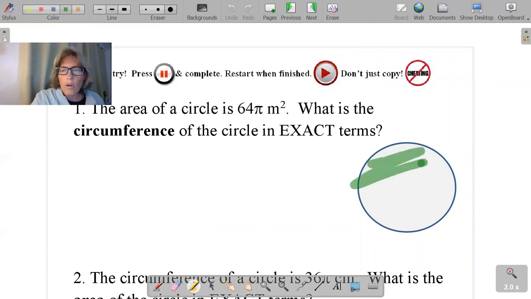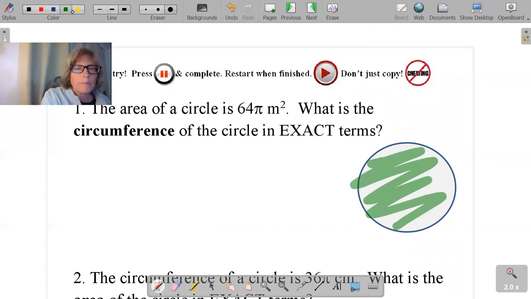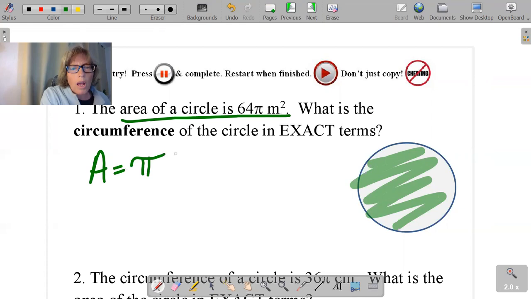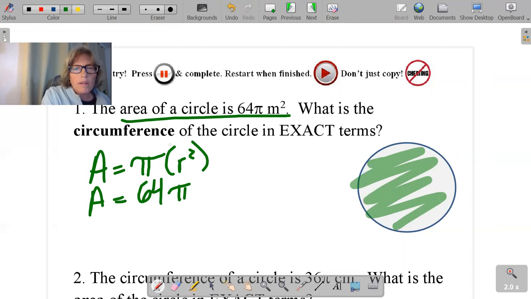So here, the area you were given. Area equals pi r squared. Area equals 64 pi meters squared. We're asked for the circumference, which is d pi.